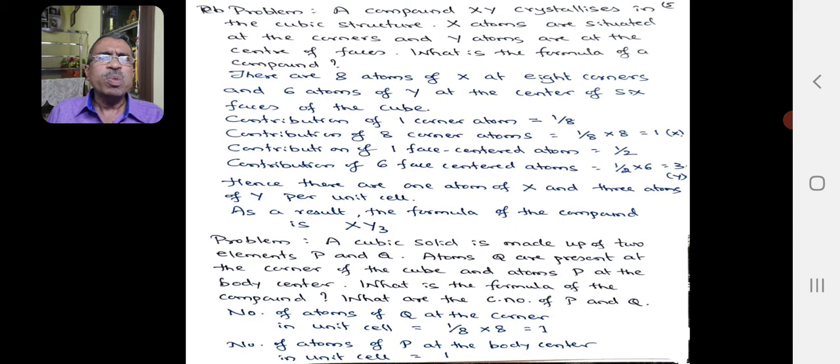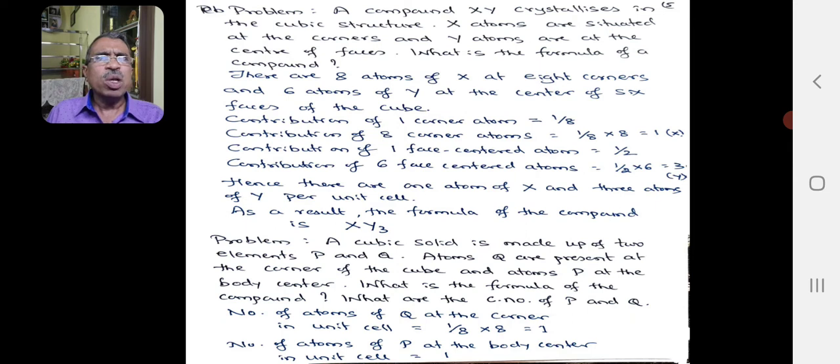Therefore, the contribution of one corner atom is 1 by 8 and the contribution of 8 corner atoms is 1 by 8 into 8, which is equal to 1. That is, one X atom is present in the unit cell.